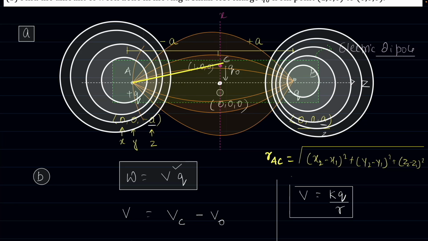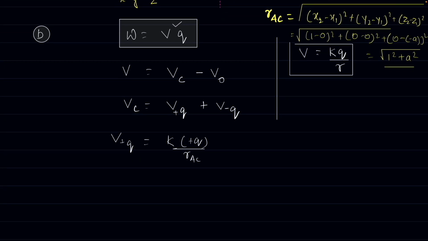If we substitute the values, it will be equal to root of (1 minus 0) square plus (0 minus 0) square plus (0 minus minus a) square. So it's equal to root of 1 square plus a square. In the same way, we substitute the value for the minus q: k minus q by r_BC. So this value we got, kq by root of 1 square plus a square.